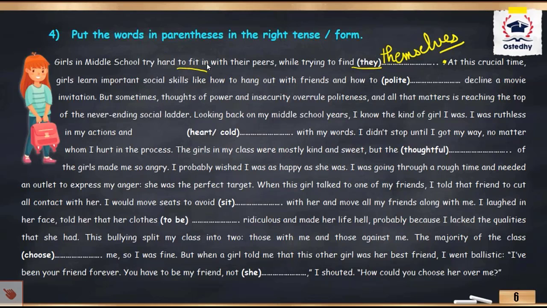Mrs. Yes, Balqis. Why do you write themselves? Because there are many, not one. It's not like himself, myself. If there are many, we say themselves. Okay, plural. Yes, yes.